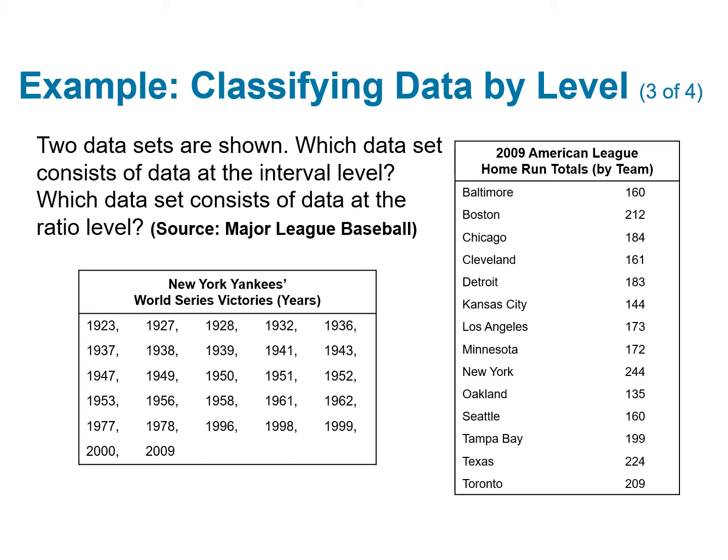We know that we have meaningful differences because we're at least at interval. So the big question we need to ask ourselves to know if this is interval or ratio is, what does 0 mean? So what does the year 0 on our calendar mean?